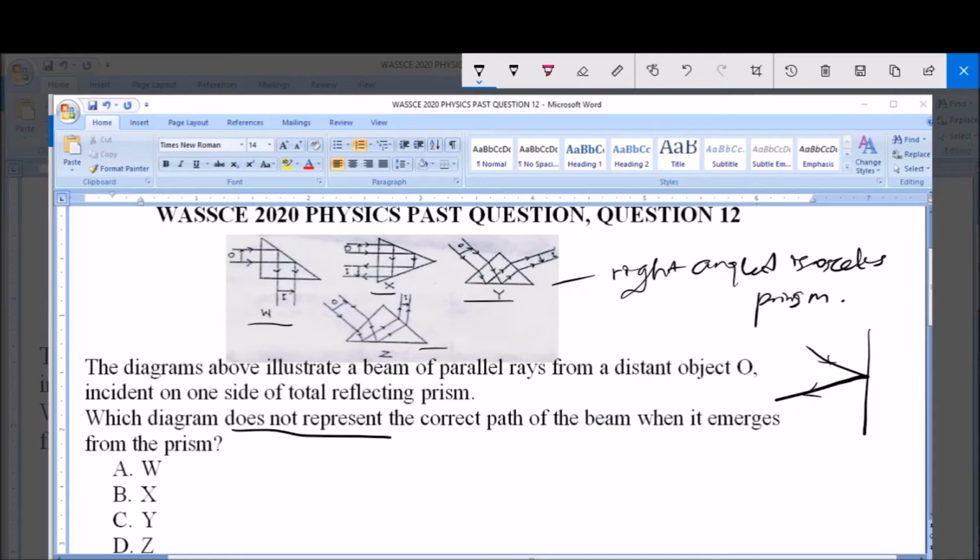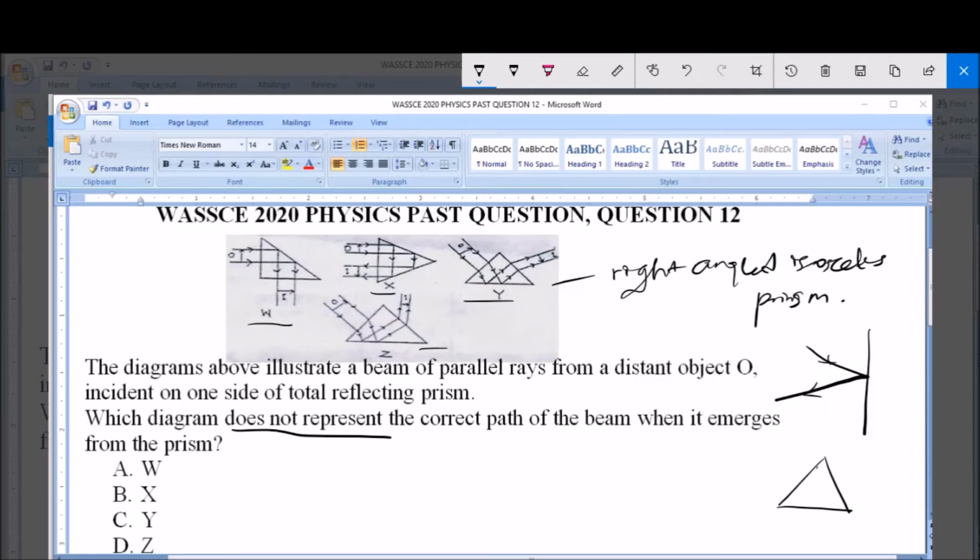Also CY, from O it passes and goes to the surface. Because it is moving from this angle here, when it gets to this side of the triangular prism, the light becomes refracted. Here now is refraction, and refraction means the change in direction of light when it passes through two different media of different densities.